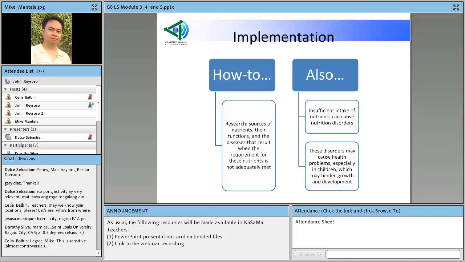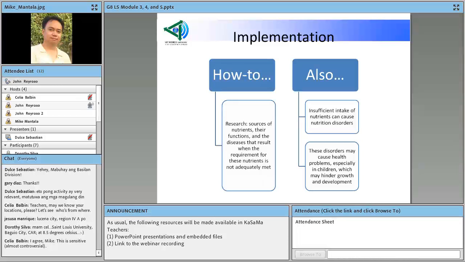If their diet, for example, is lacking carbohydrates, what disease would result out of this deficiency? If protein is inadequate, what results from this inadequacy? So what diseases would come out of this inadequacy? And also, insufficient intake of nutrients can cause nutrition disorders.